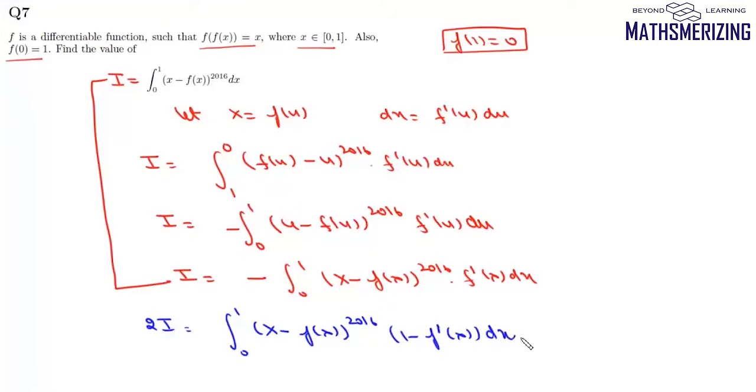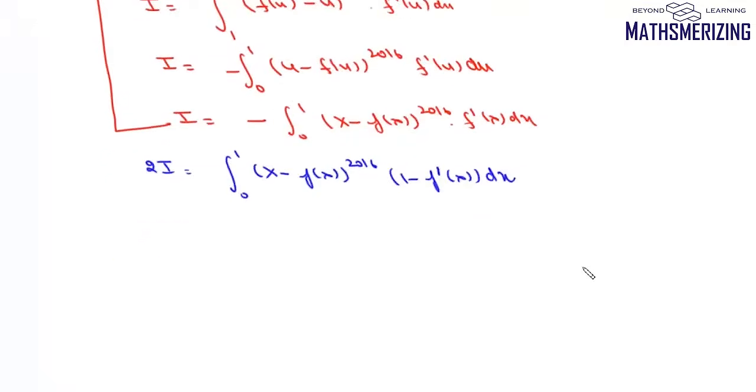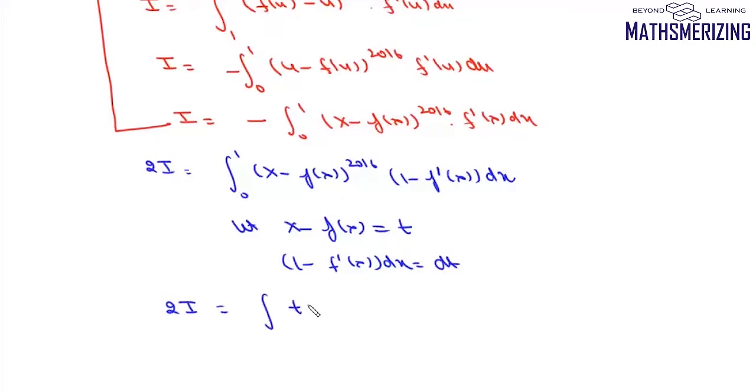Now we have to solve this integral. Now what we'll do is, we'll use substitution. We'll let x minus f(x) as some variable t, then (1 minus f dash x) dx will be simply dt. So we can write this integral as 2I equals integral of t to the power 2016 dt, and then we have to write limits also.